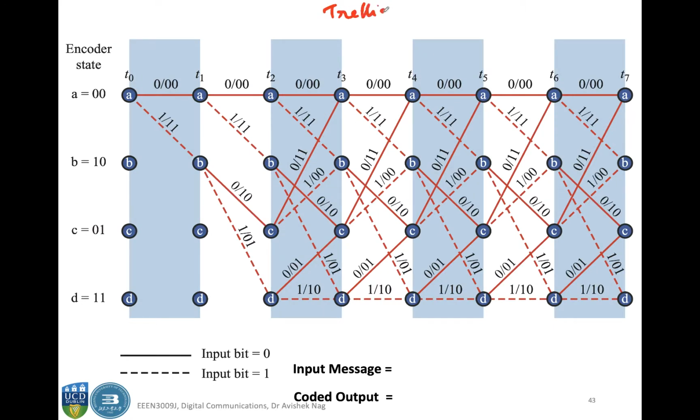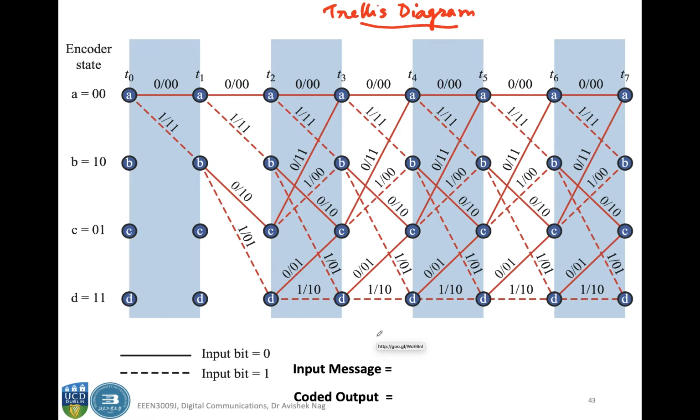Now let's see how the encoding procedure happens, or how we can use this trellis to find out the coded output bits given an input message bit.